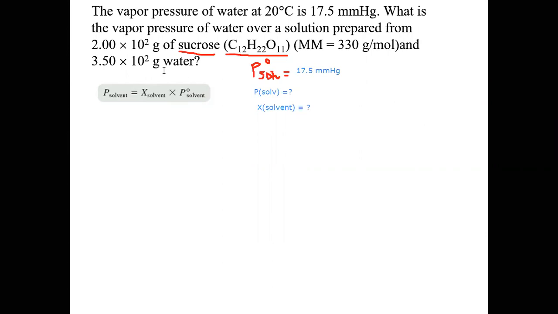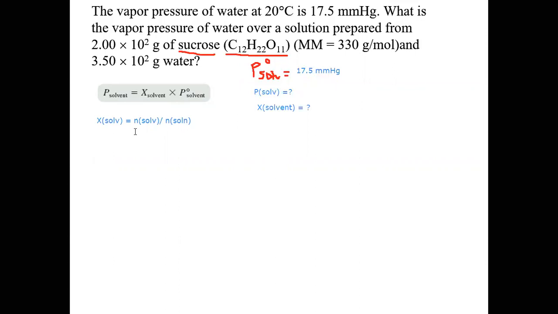Now there's no particular unit you need to have pressure in. Millimeters of mercury is just fine. So the main crux of this problem is we've got to find the mole fraction of solvent. So the mole fraction of solvent equals the moles of solvent divided by the moles of solution.